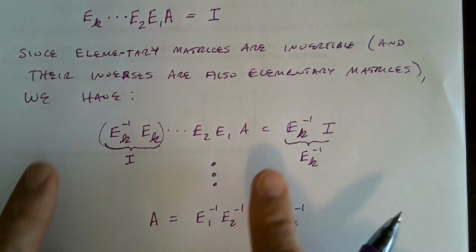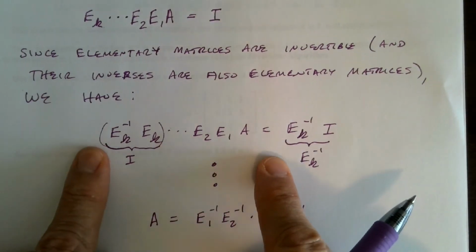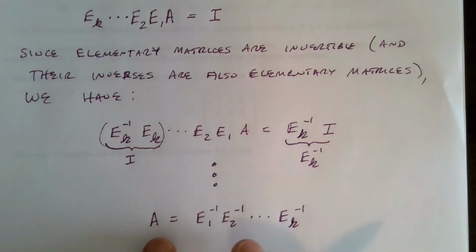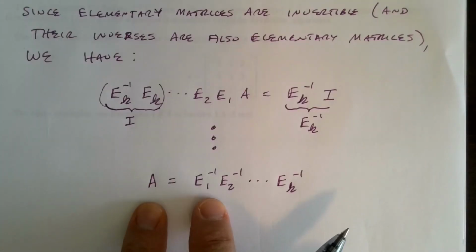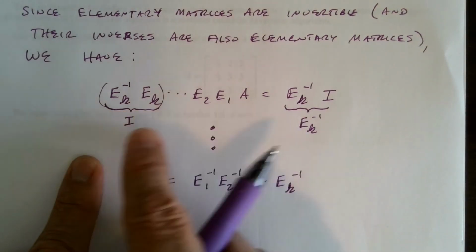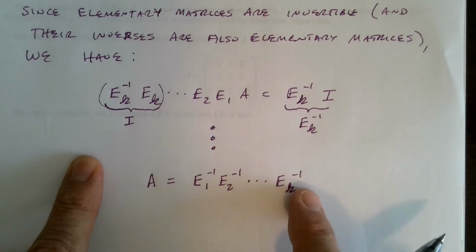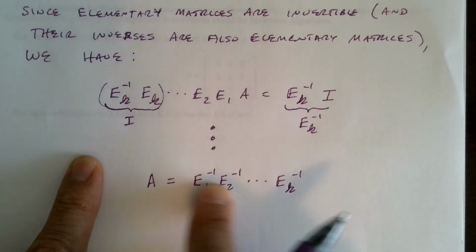So by multiplying on the left by E sub k inverse and then E sub k minus 1 inverse and so on, all the way down to E sub 2 inverse, E sub 1 inverse, these get peeled away, turned into the identity matrix over there, and they build up over here from right to left.